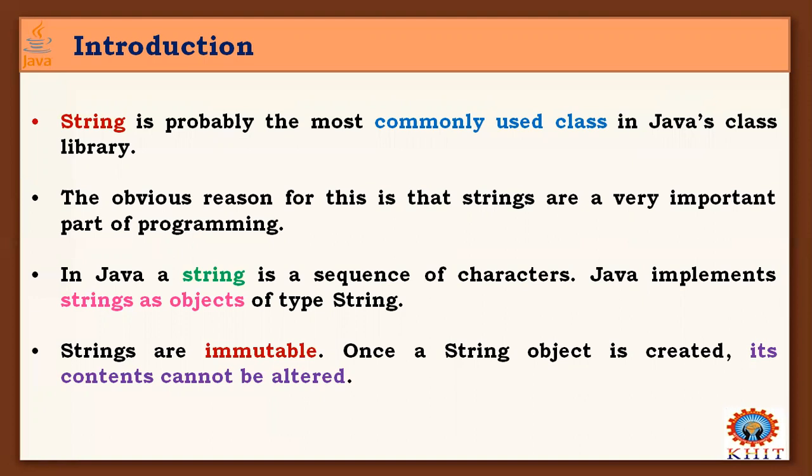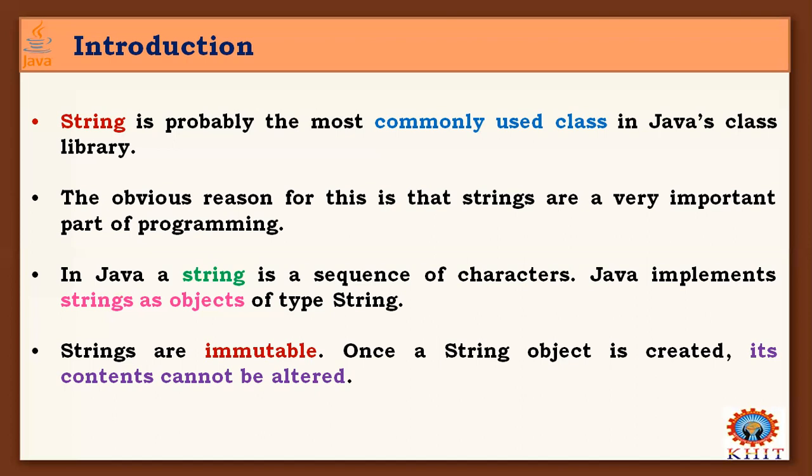Generally, we consider a string is a sequence of characters in Java, and that could be implemented as string objects and of type String. And the next important thing is, strings are immutable.